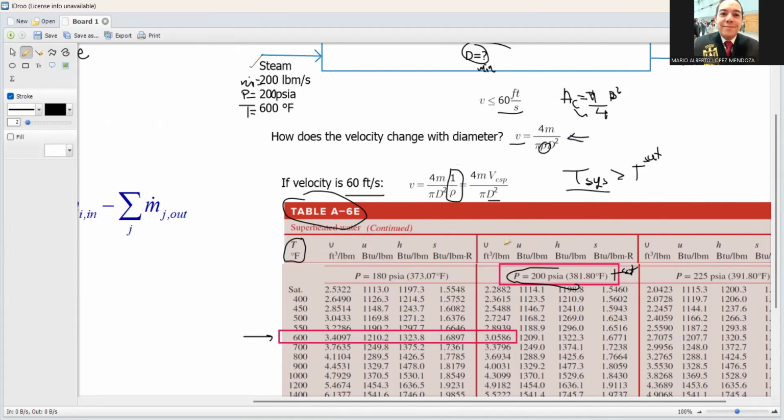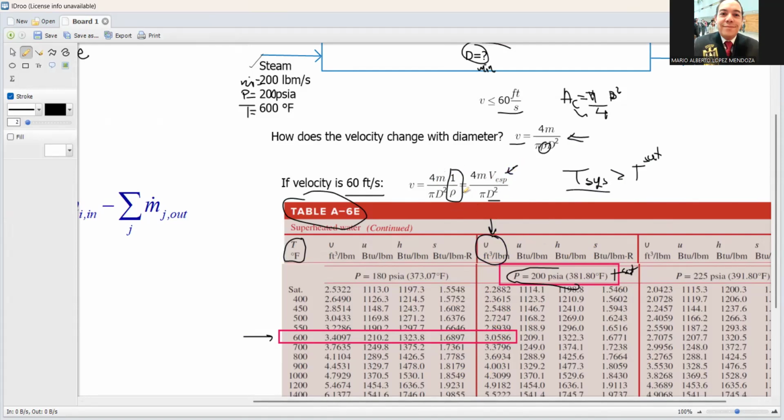So in our chart, the first column of our superheated water table is just the specific volume. So in this case, we have a specific volume of 3.0586 cubic feet per pound mass.